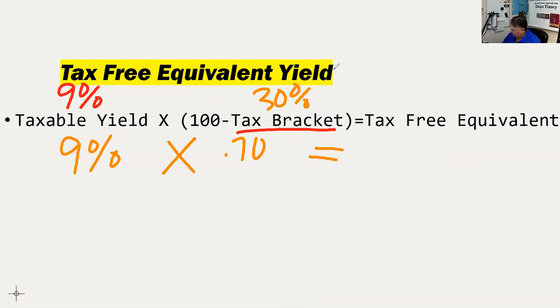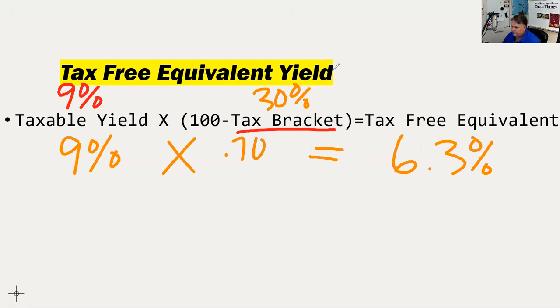And I say, okay, well, 9 times 0.70 equals 6.3. So here's the point. If we can't find a muni bond that pays more than 6.3, he should buy the corporate. If we can find a muni bond that pays more than 6.3 with a similar credit quality, similar maturity, well, then maybe that's what we want to do. So that's why that math is important.